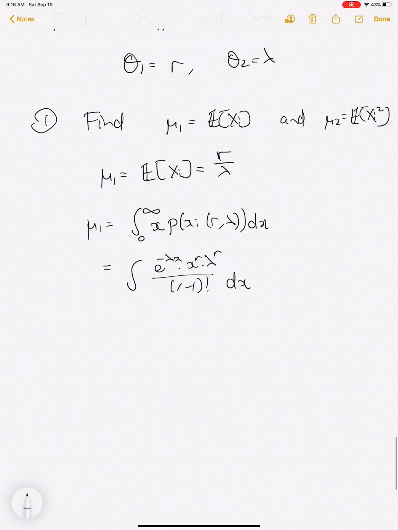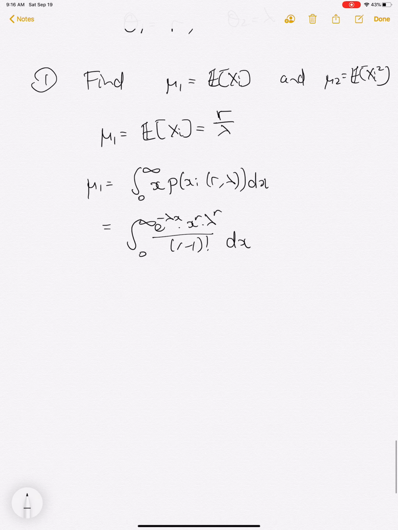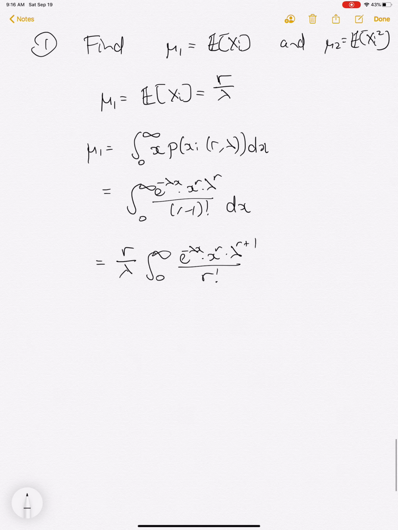Okay, and I'm going to use a useful trick here, which is that you can rewrite this as r... Okay, so all I've done is taken out an r and a lambda, which is constant with respect to x.